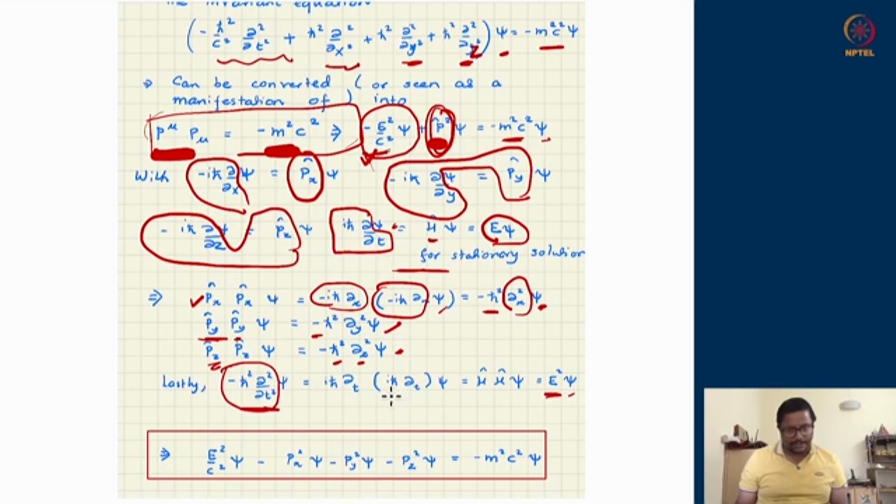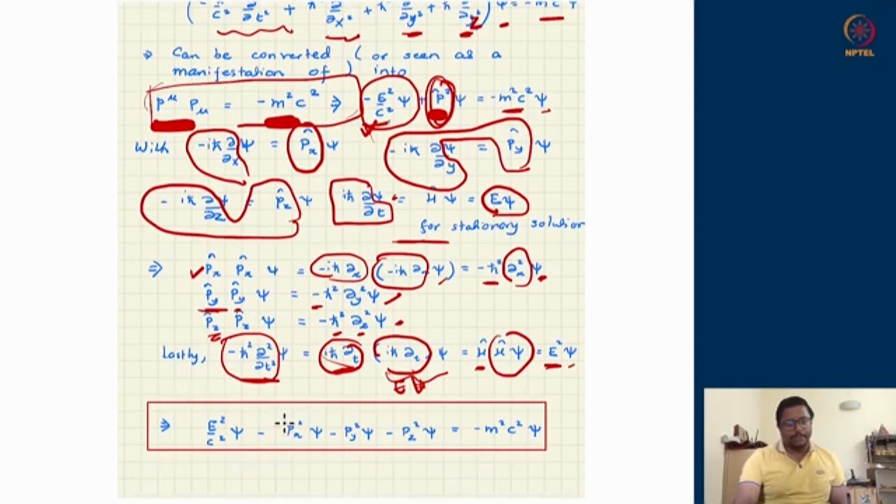You can verify that I have written iota h bar del t twice, and iota h bar del t itself is equivalent to the Hamiltonian, so it is H psi, and this operator becomes a new wave function psi prime, an eigen wave function, let us say E psi. E will come out, and the second time the Hamiltonian will hit, and again another E will be popped out, so e square psi.